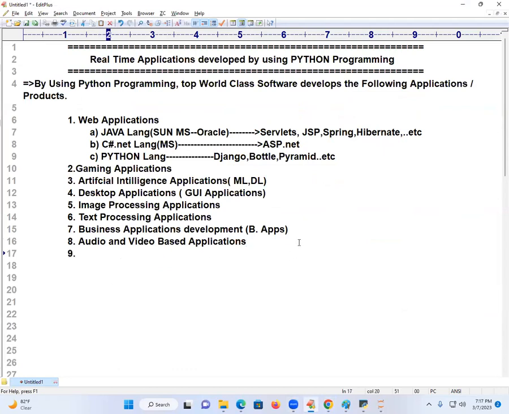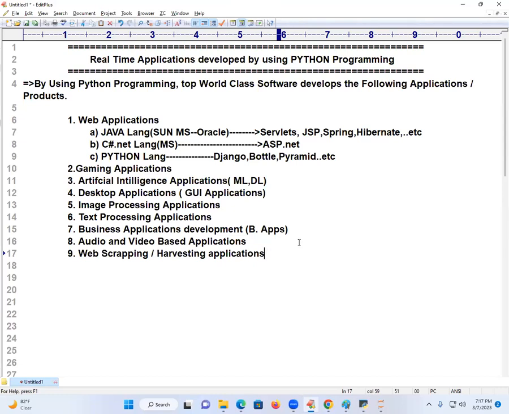Next is called web scraping. I'm talking about the overall picture of Python in the software industry. What is this web scraping? It is also called web harvesting. What do you mean by that?